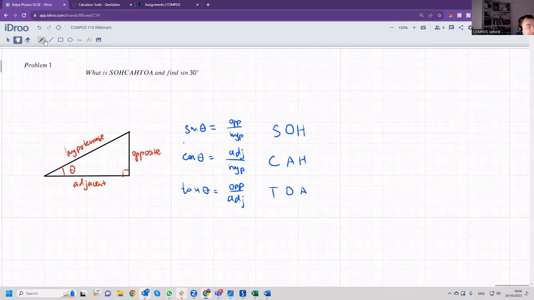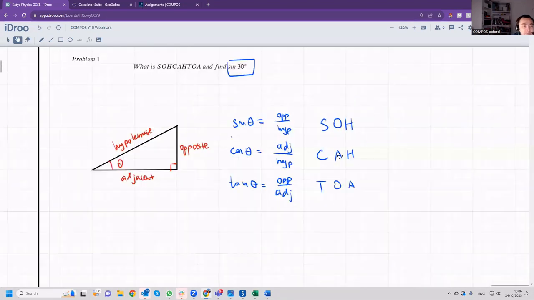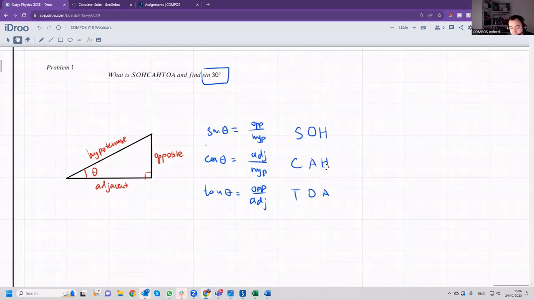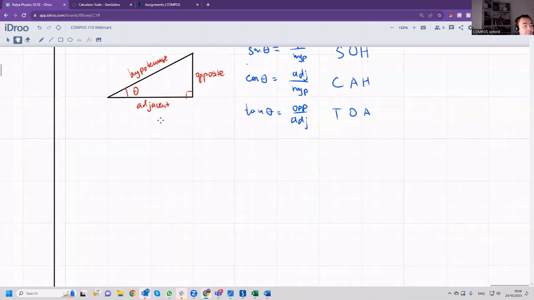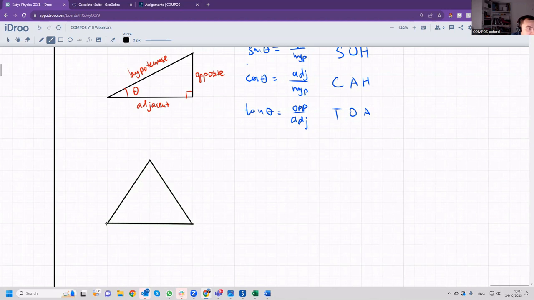But specifically, we need to find sine 30 and not use any calculators or anything. Well, the way to do it is not very straightforward. So we start with an equilateral triangle, a 60-60-60 triangle. And let's say the side of this triangle is, well, I don't know, 2, 2, and 2. Does anyone have a question?